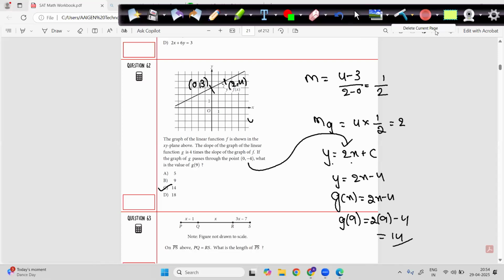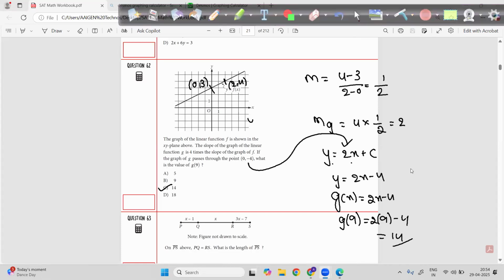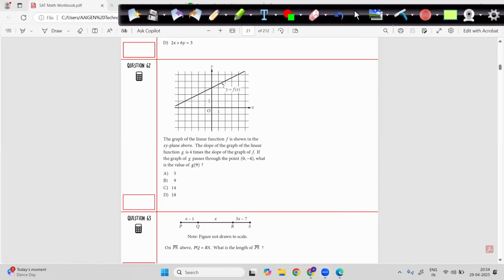Who could not solve, please see. If you see the 62nd question, they're asking what is the value of g of 9. But they did not give the graph of g of x. They gave the graph of f of x.